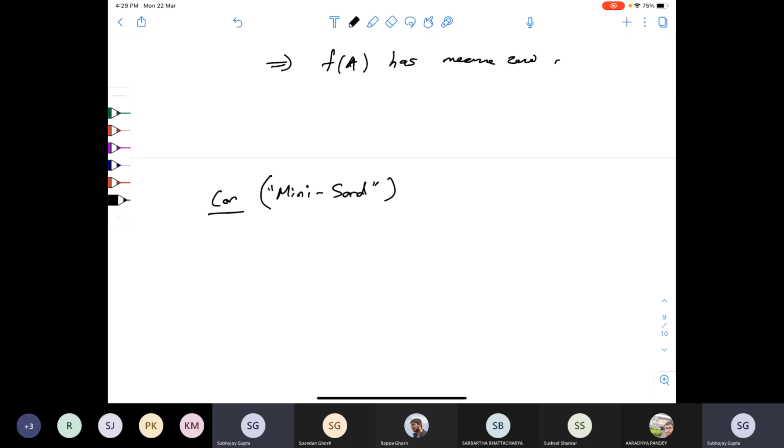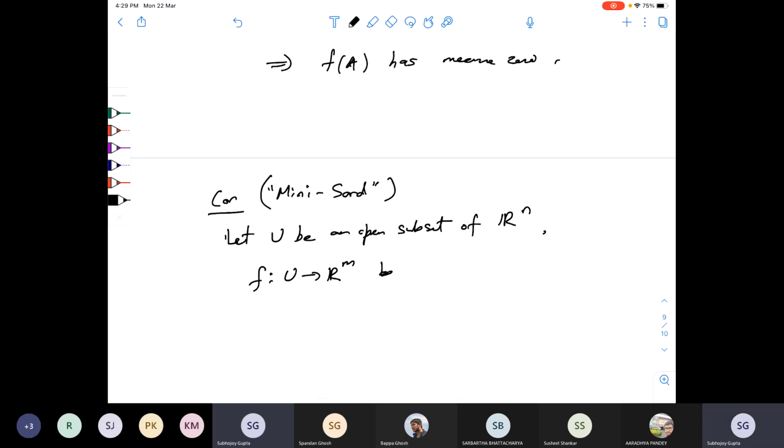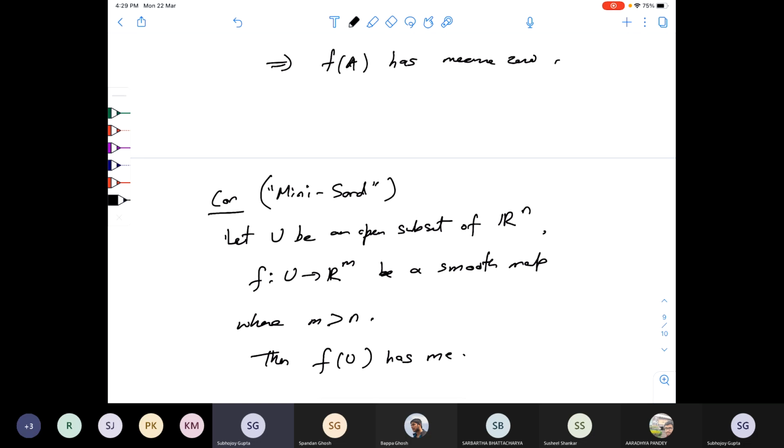I think Milnor's book, Topology from the Differentiable Viewpoint, calls this Mini-Sard, and it just says: let U be an open subset of R^n, f from U to R^m be a smooth map where m is bigger than n, then f(U) has measure 0 in R^m.